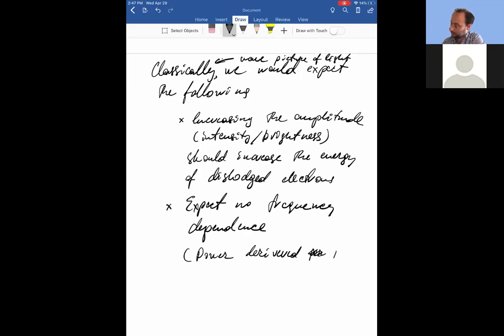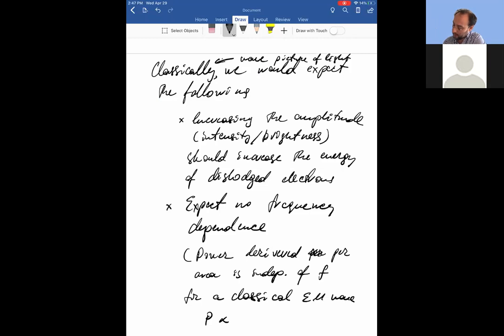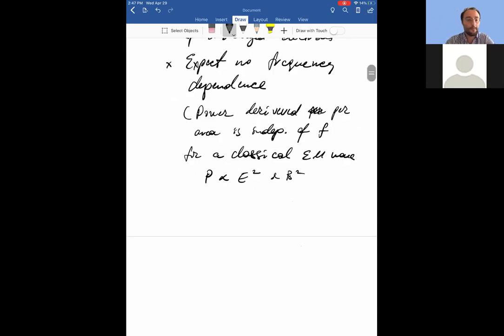Power delivered per area is independent of frequency for a classical electromagnetic wave. So power is only proportional to E squared and B squared, but there's no frequency in it. That's actually an interesting fact.